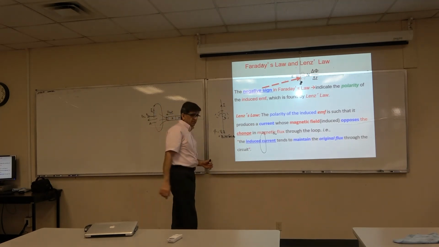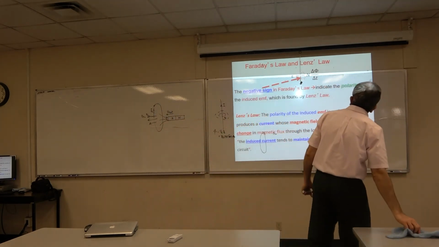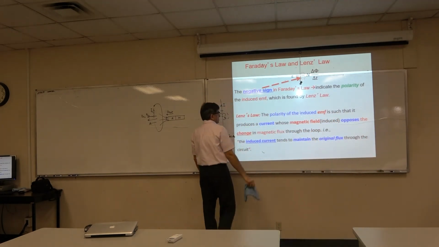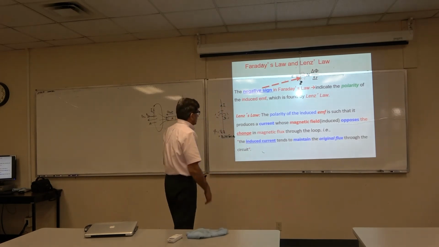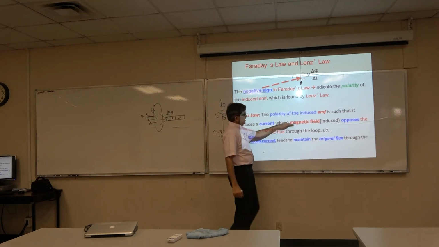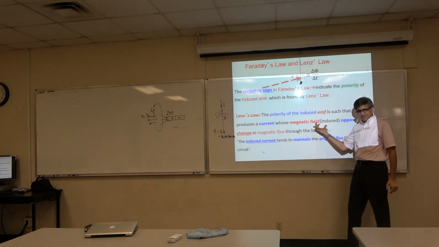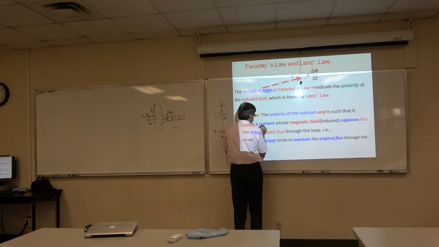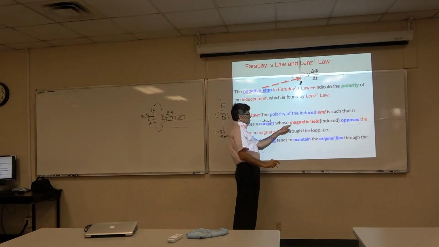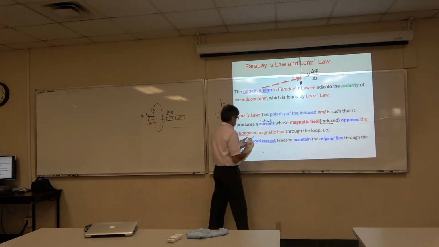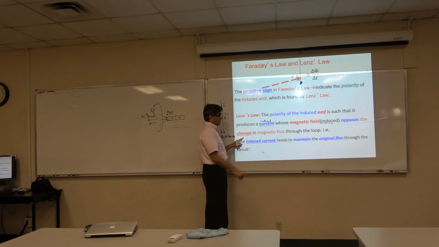Lenz's law simply tells us the polarity of the induced EMF, and it says the polarity of the induced EMF is such that it produces an induced current whose magnetic field, which means the induced magnetic field, opposes the change in the magnetic flux.